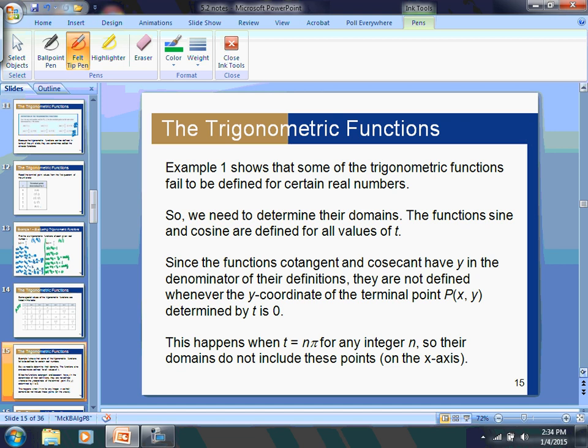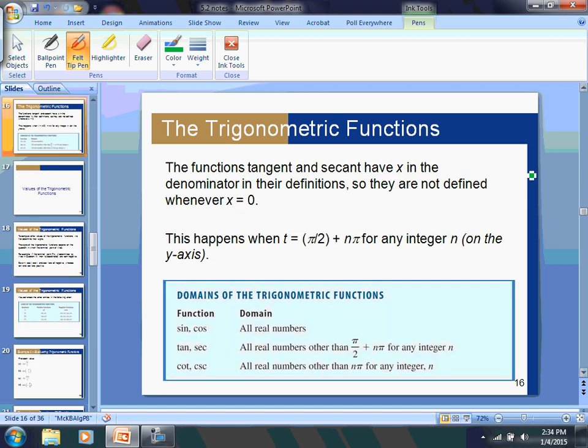Right? And then the functions of tangent and secant, they have x in the denominator, so they're not going to be defined whenever x is 0. So whenever that terminal point has an x value of 0, tangent and secant will be undefined for that quadrant.